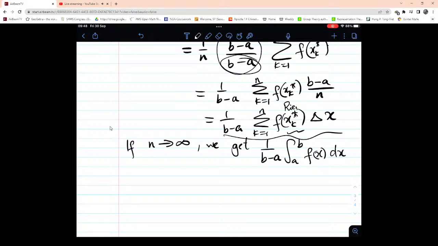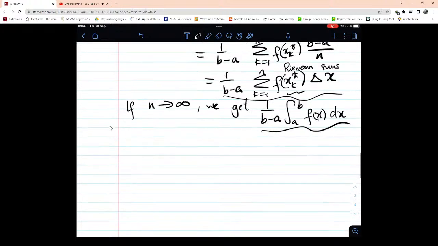So these will be Riemann sums of this. So as n tends to infinity, we end up with that. And that gives us our definition of the average of a function.